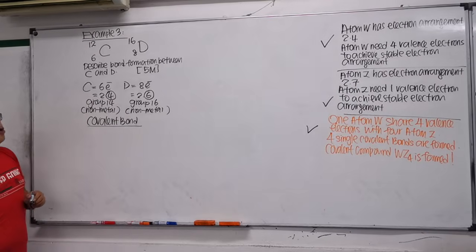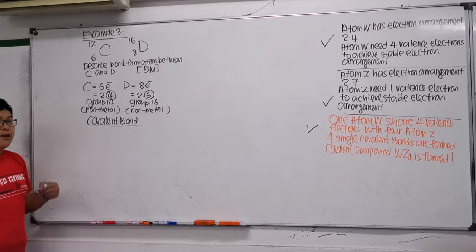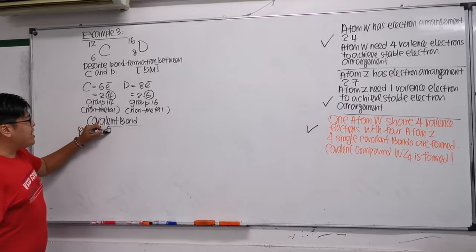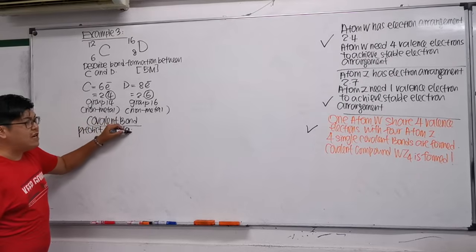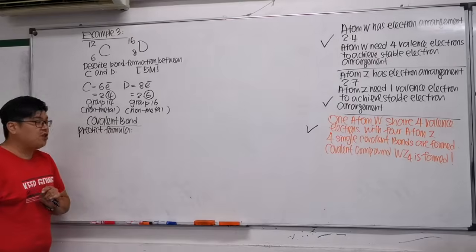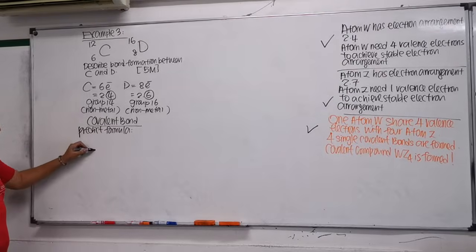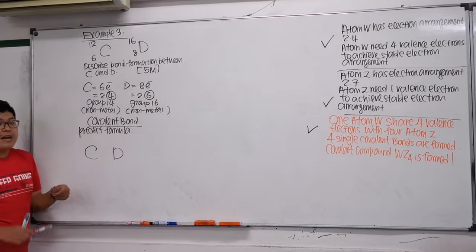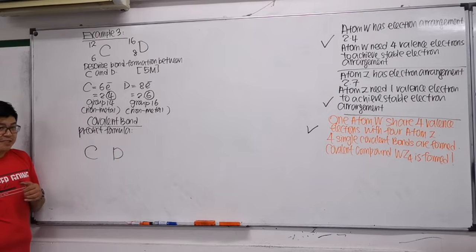Now, as usual, after we know what bond, we must predict the formula. Predicting the formula for covalent, no need for the charge. So you only need to write the C and D. On the top right corner, write down the amount of electrons you need to be stable.